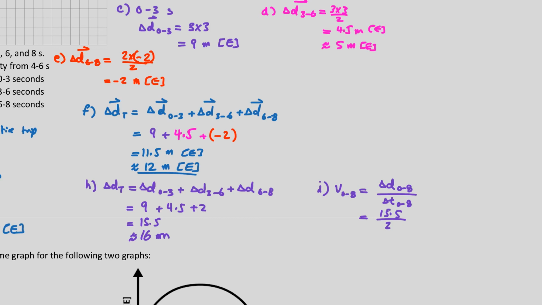Divided by 8, because it takes 8 seconds for the entire trip. And when I do that on my calculator, I will get 1.9375, and that should be rounded to 2 meters per second as my final answer, because I need my final answer to be one significant figure.